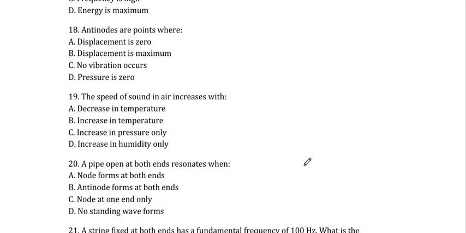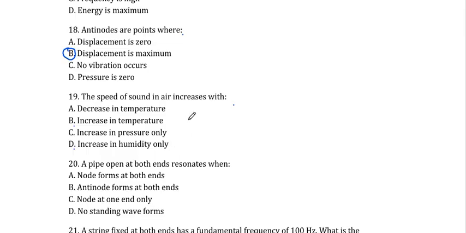So number 18, antinodes are points where displacement is maximum. B. Okay, so antinodes are points where displacement is maximum. Now 19, the speed of sound in air increases with A. Decrease in temperature, B. Increase in temperature, C. Increase in pressure, D. Increase in humidity only.